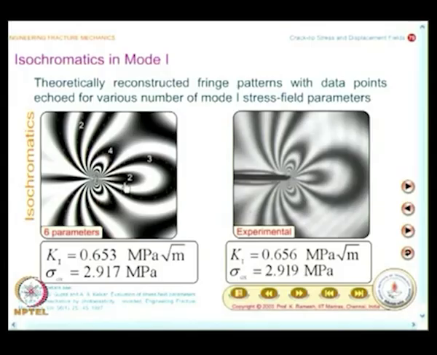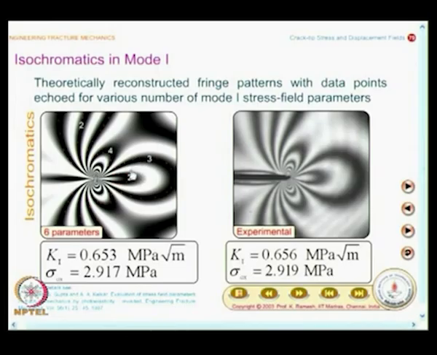I know this is done by a non-linear least squares analysis. The coefficients A11, A12, A13, A14, A15, A16, they were calculated based on the experimental data. It is a very sophisticated algorithm. Based on that you replot and you find for this problem at least 6 parameters are required to model. And when you are having a least squares approach, there is no guarantee that your final solution is correct.